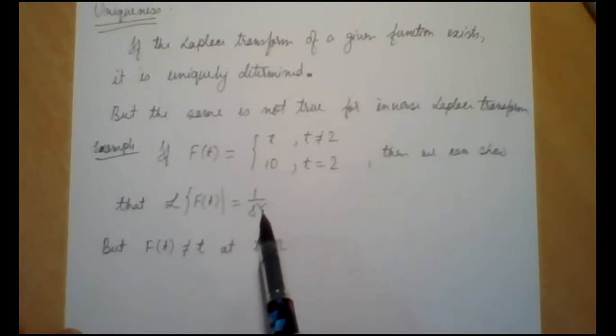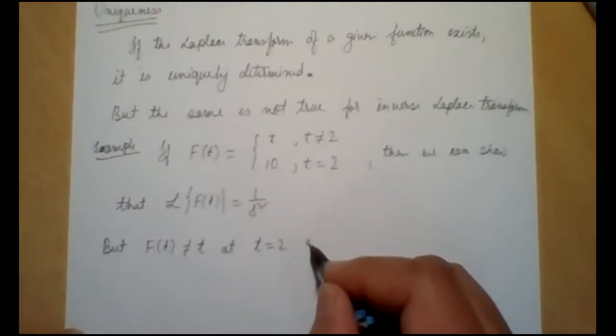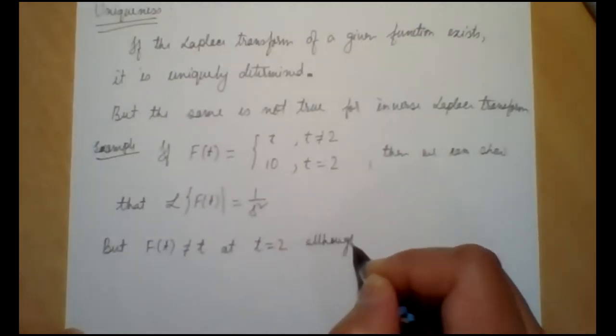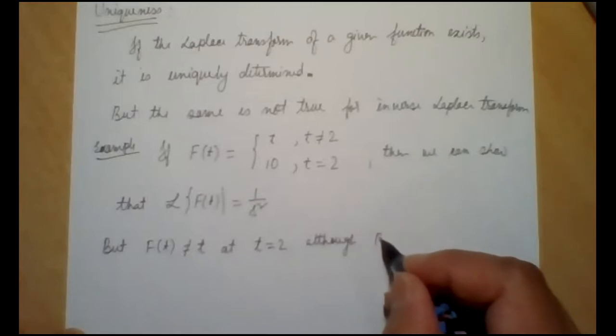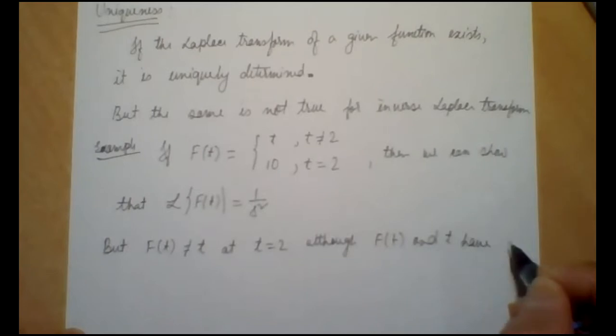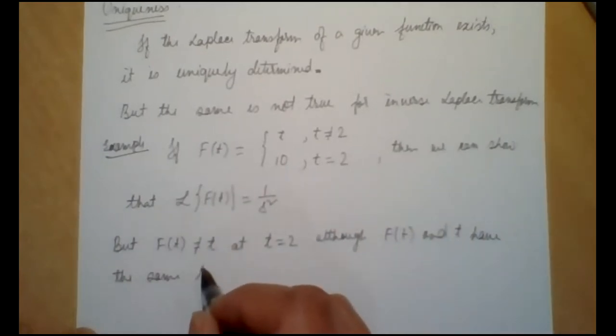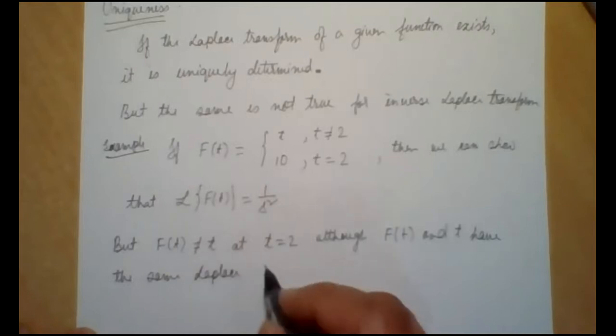So now we have two functions whose Laplace transform is 1 by s square, f of t and t, and these two functions are not equal at the value t equal to 2. Although f of t and t have the same Laplace transform.